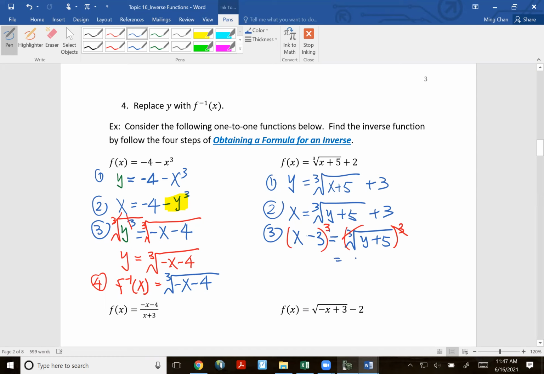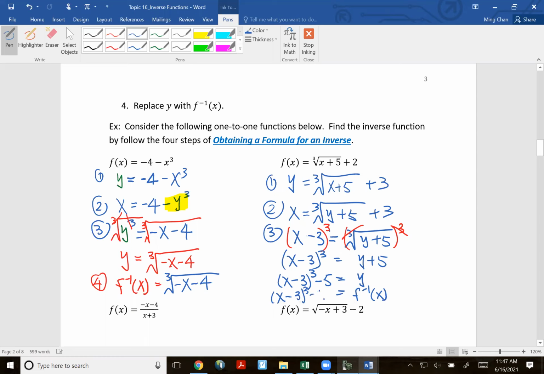So my y plus 5 is equal to x minus 3, whole thing cubed. You're not gonna multiply this out, okay? Because to get y by itself, all you have to do is move the positive 5 over. So that'll be x minus 3 whole thing cubed as one term, positive 5 come over, become negative. All right, now I replace y with f inverse of x.